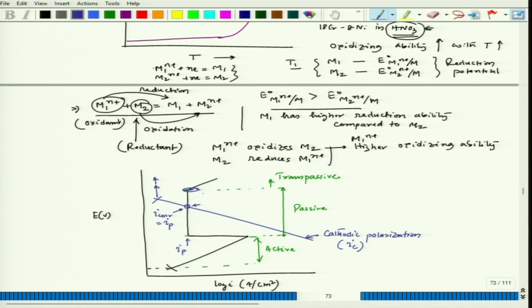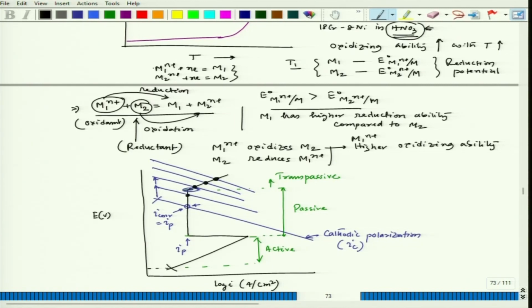Since it is close to the transpassive zone, as we go up, it will have its own corresponding polarization plot, and we could see that it is cutting at a different location, and it is quickly getting into the transpassive zone.